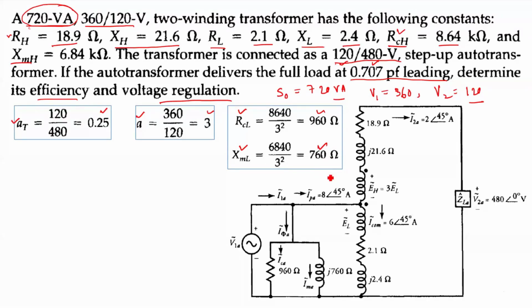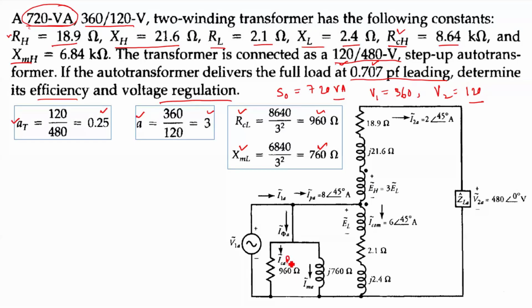Now let us draw the equivalent circuit. Here in the equivalent circuit, the core loss resistance and the magnetizing reactance, which are referred to the primary side, will be RCL and XML. So it is drawn here.